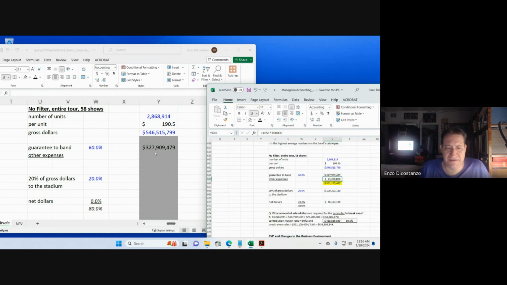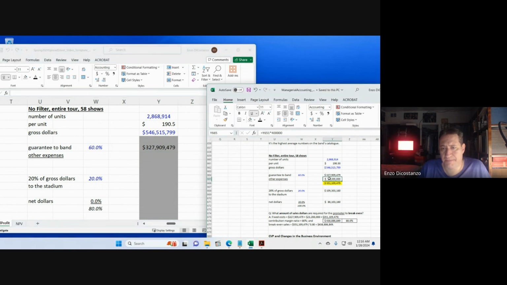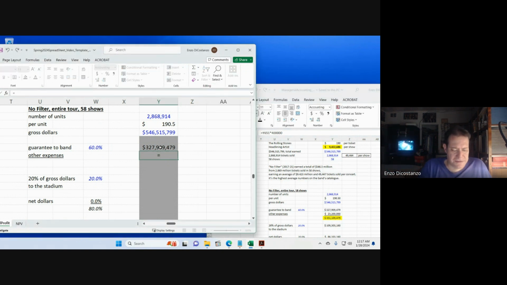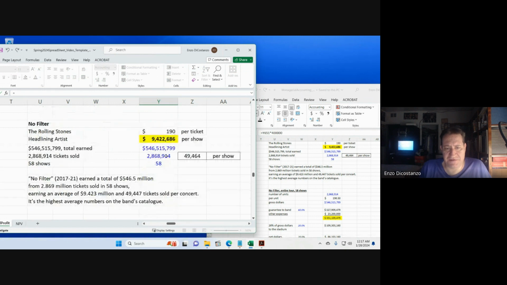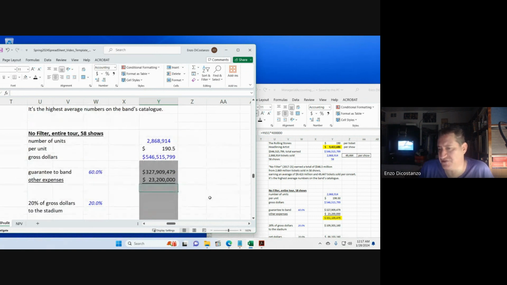We estimated other expenses. We did equals the 58 here times 400,000 to get that 23 million. But that's across the whole tour. Okay.